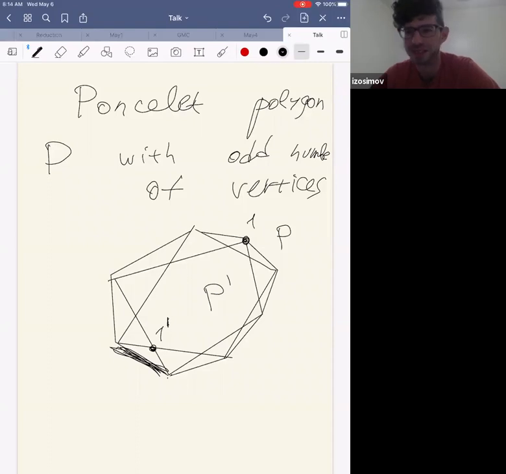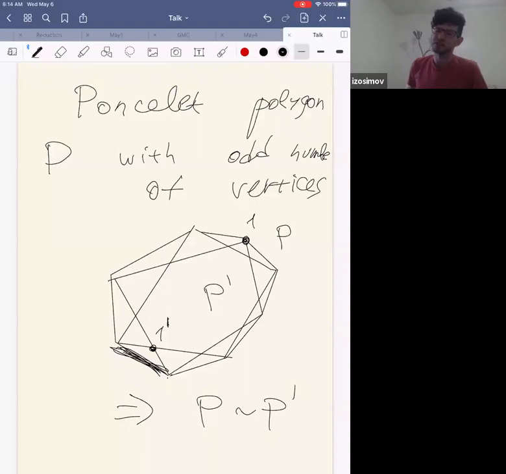It doesn't make sense. And what Schwartz proved is that if P is such a Poncelet polygon, so we assume here in this picture that P is a Poncelet polygon with an odd number of vertices, and we form this polygon P prime, then P and P prime are projectively equivalent to each other. There is actually a version of this result for an even number of vertices too.